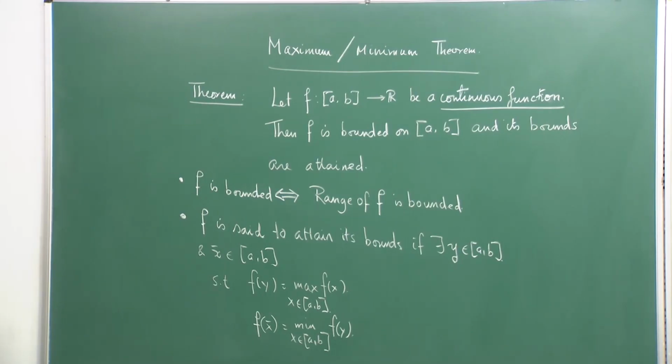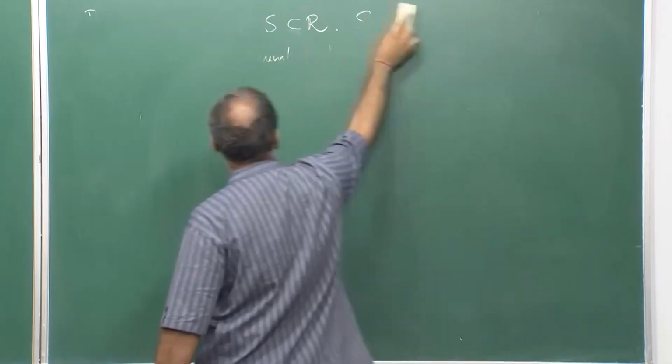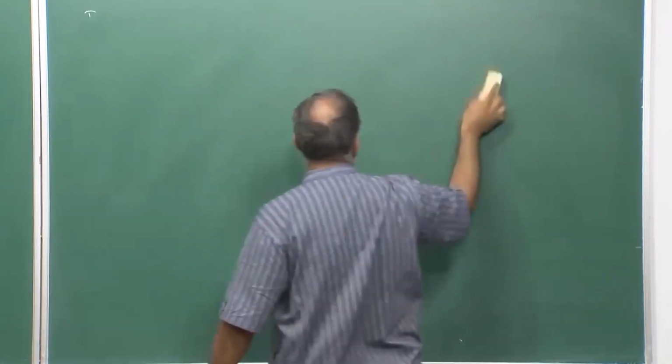So, I am going to assert that this idea of continuity of the function that is there in the hypothesis is very important. You cannot just say, oh, I do not care, it need not be continuous, every function should have this. No, every function need not have this.